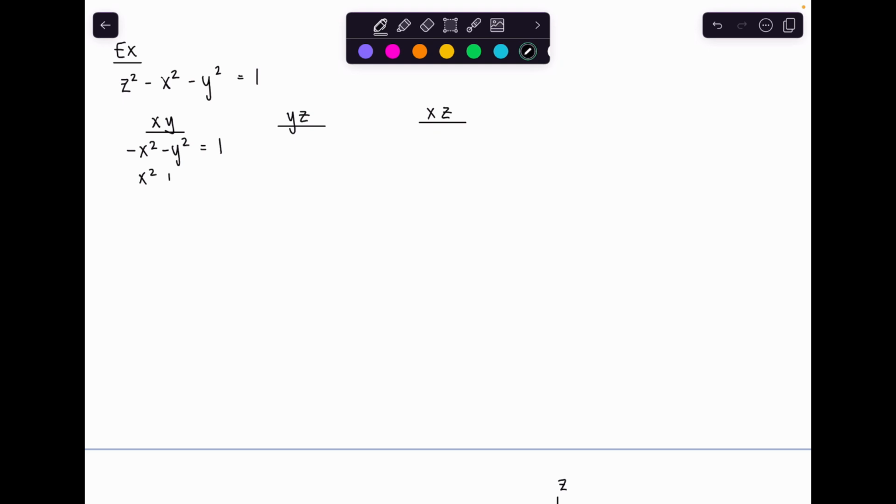However, if you multiply everything by -1, it gives you x squared plus y squared equals a negative number. A positive number plus a positive number equaling a negative number is not possible. This has no real solution. So basically that means there is no x and y value that will solve this equation if z equals 0. So ultimately, because this shape doesn't exist, this means there's nothing going on in the xy plane.